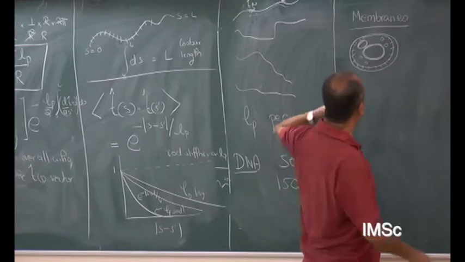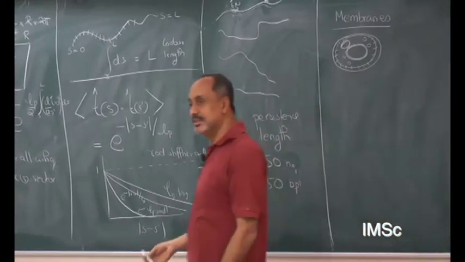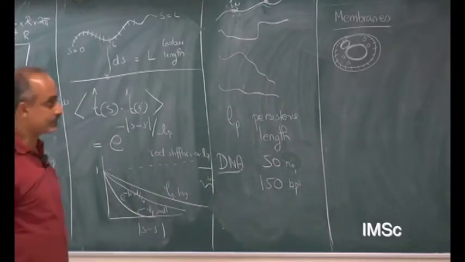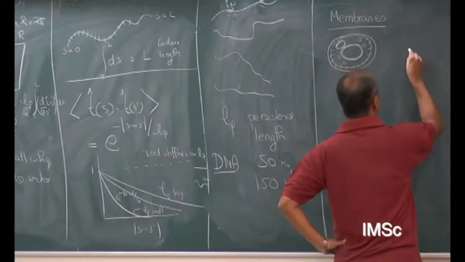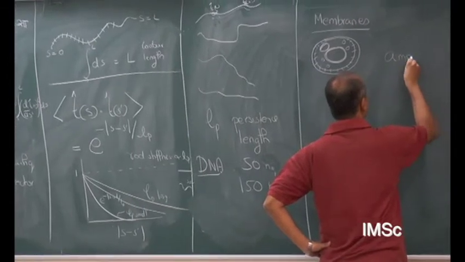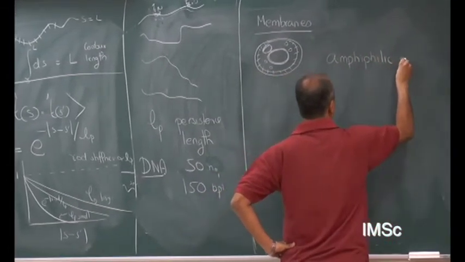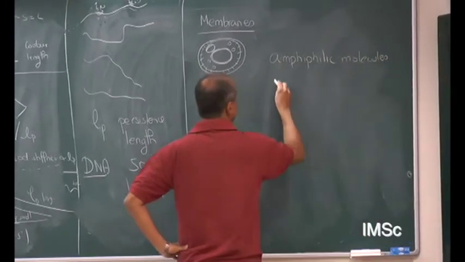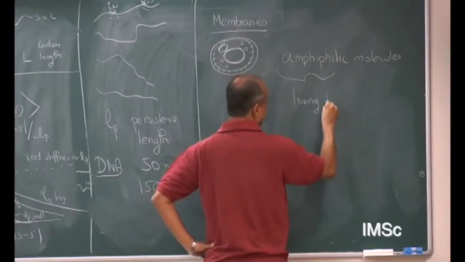Okay. So now what we would like to do is to think a little bit about what is the role of these structures here, what determines their energy, their free energy, and what sort of shapes they can take. So the basic constituent of these is something called an amphiphilic molecule. The word amphiphilic means loving both.